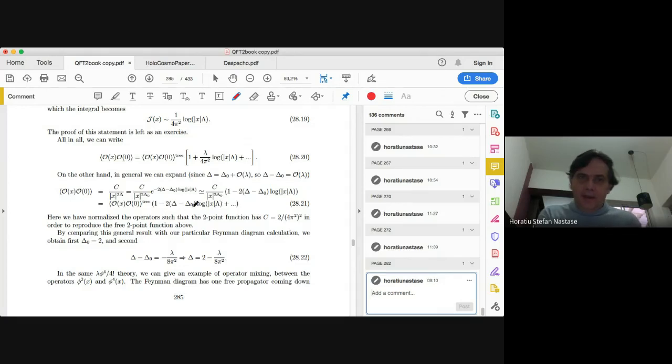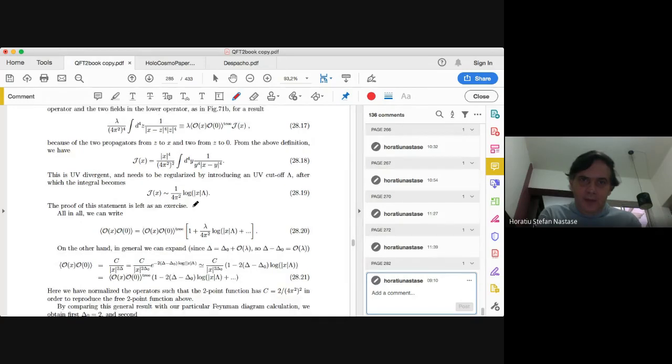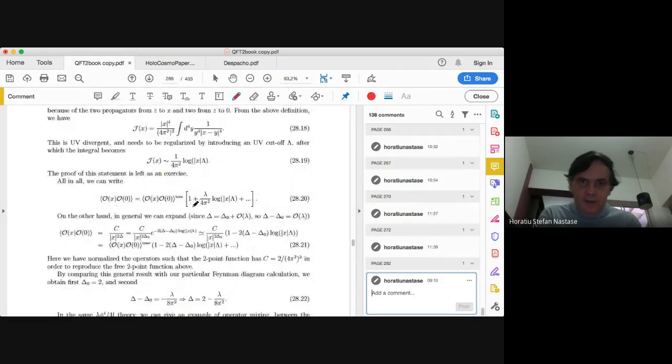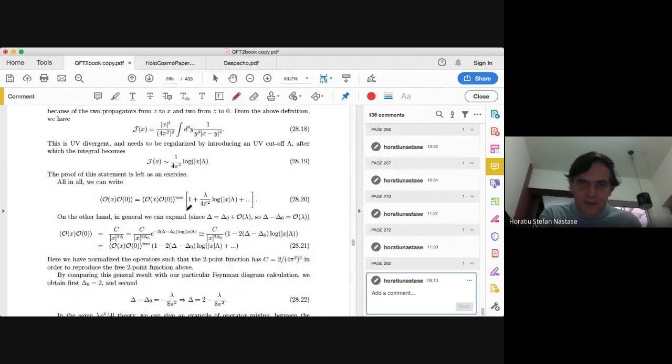So I compare now the 2 calculations. I see the common 2-point function at tree level, and then I identify this with this. And indeed, I see I have log x times lambda as I expected in here.